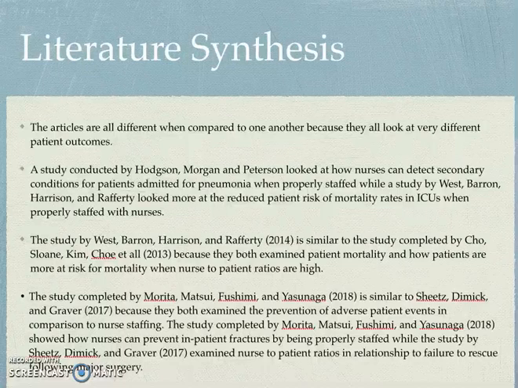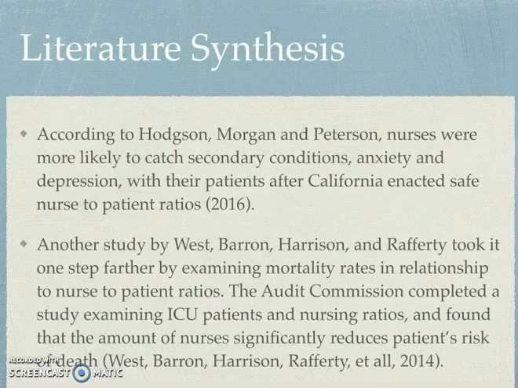So these studies are looking at different outcomes in comparison to nurse-to-patient ratios, but sometimes they're looking at similar things like mortality rates, or adverse events that nurses could catch.